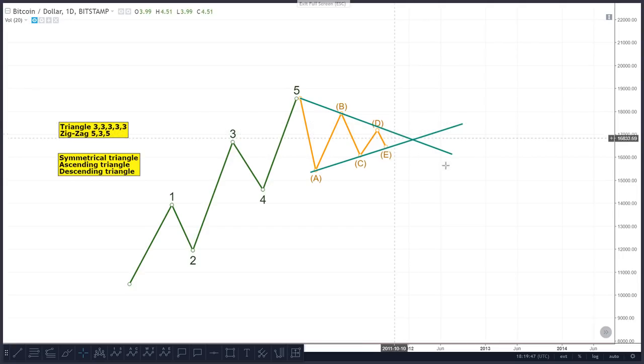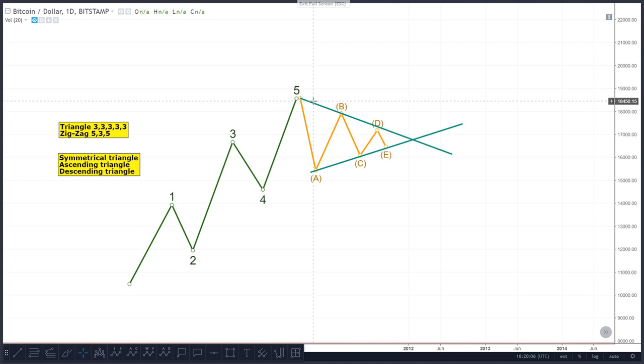Now the rule with triangles: only 2 of the waves have to hit each of the lines. So if this is our upper line, only 2 of the waves actually have to hit it. I've drawn a nice diagram where it's all looking very regular, but in fact not all the lines have to hit perfectly.